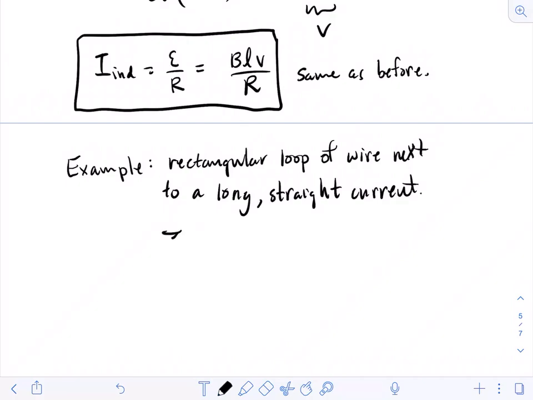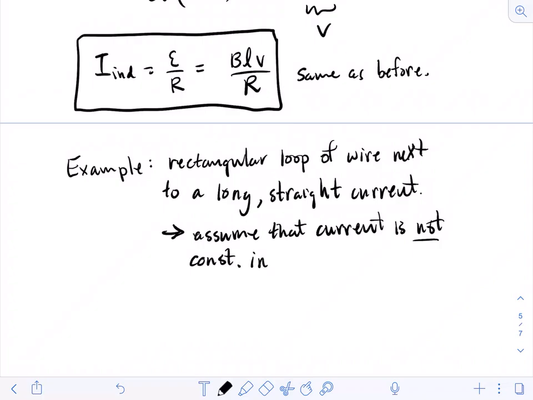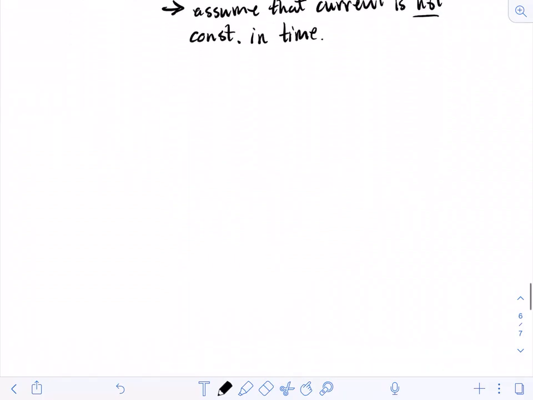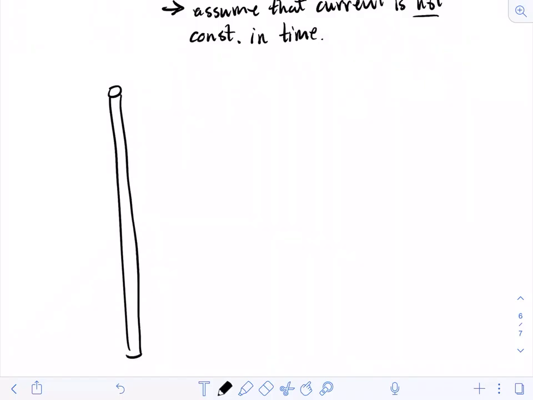But what we'll do this time is we'll assume that the current is not constant in time. Okay, so we'll draw the picture. This is basically the same picture that we drew in our first example of a magnetic flux calculation. And so we know that this is now going to be something that changes in time. So let's write our current as some explicit function of time.